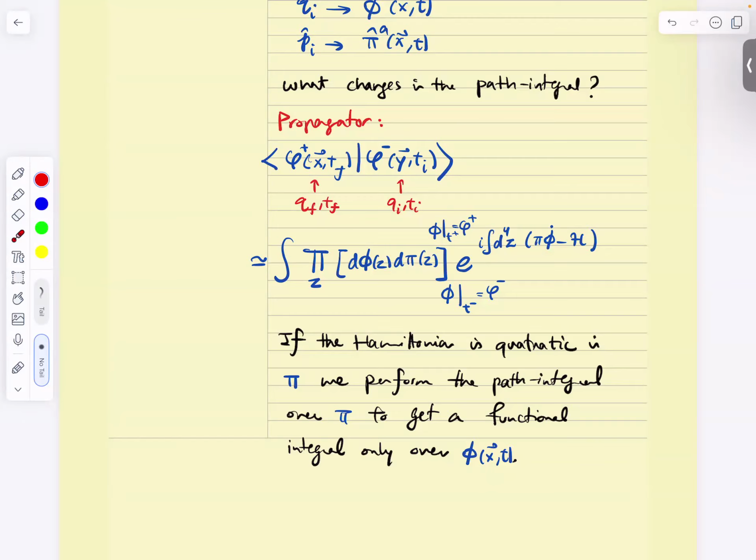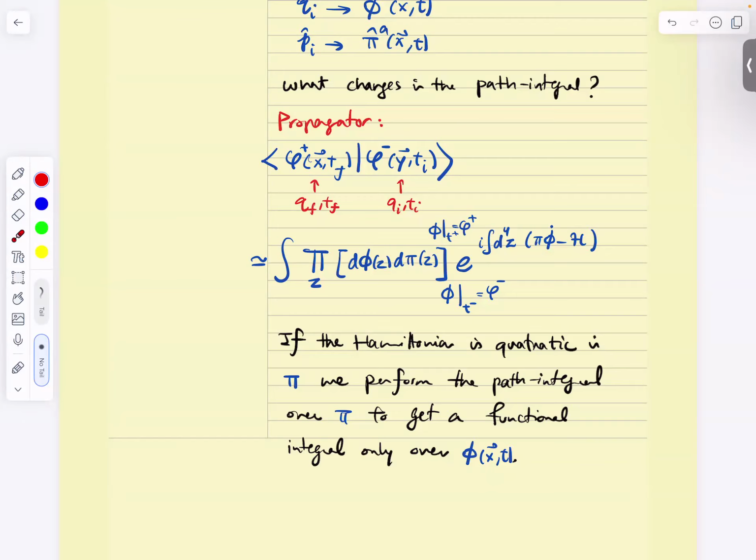We just go through the steps that we did to manipulate this into a path integral. Firstly, you notice that this is phi plus of x, this is phi minus of x, and then there's e to the power of minus iH (t_f minus t_i). Now this Hamiltonian is a function of phi_a and pi_a, right? So you have to insert resolutions of identity, a set of kets of phi_a's and pi_a's.